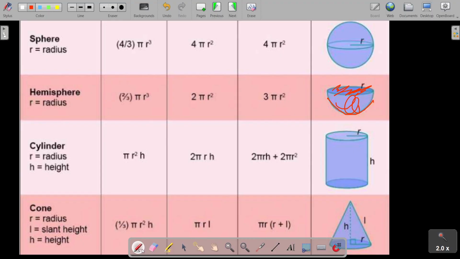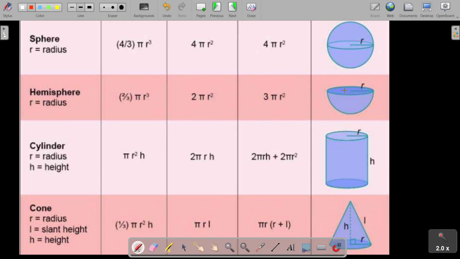Okay, so by excluding that, if the curved surface area of a full sphere is 4 pi r squared, then for a half sphere it becomes 2 pi r squared. It becomes half of 4 pi r squared. In total surface area we also include this area, because we are dealing with total surface area.